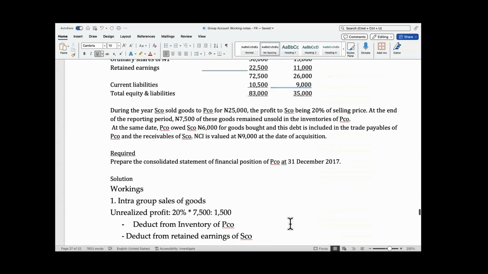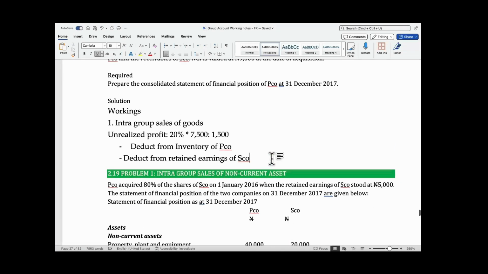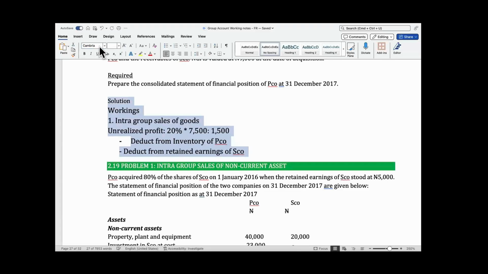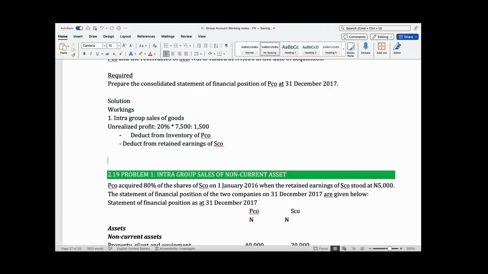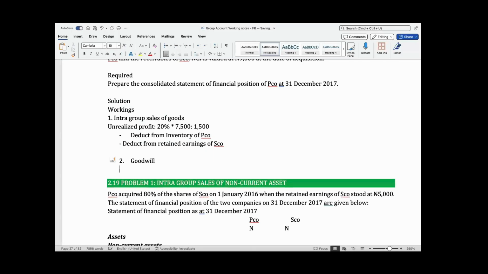Okay, so this one now, don't let us forget to treat it in the two. That's for the intragroup sales. Then the cancellation. What's the consideration transferred?